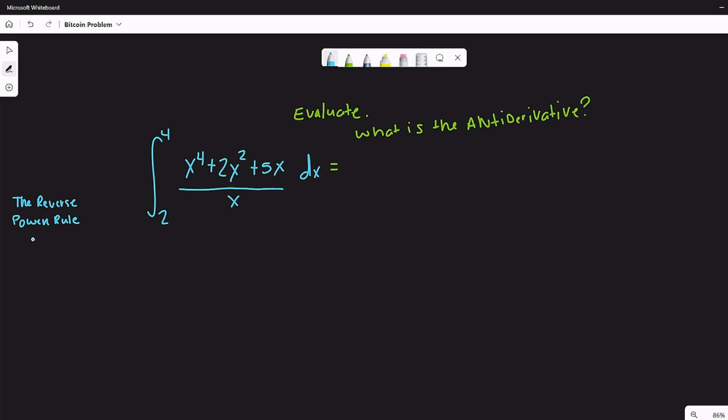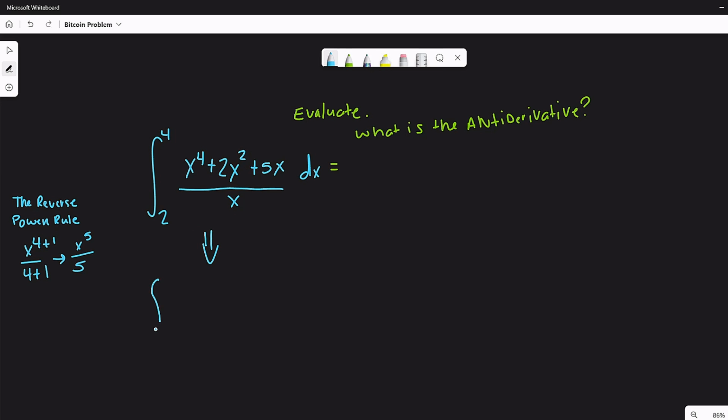Imagine we have x to the fourth. We would just add 1 to this, the antiderivative, over 4 plus 1. So the antiderivative of x to the fourth is really x to the fifth over 5. And so we want to rewrite this.